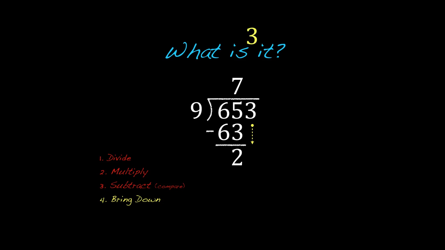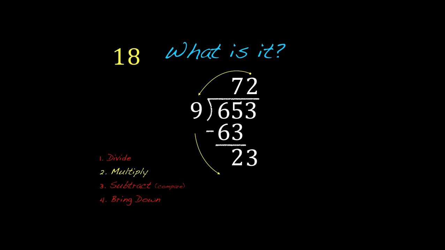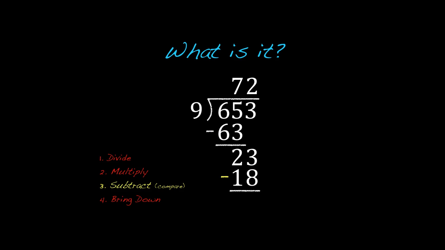Next is going to be to bring down that 3. And then we're going to ask, how many times does 9 fit inside 23? That, of course, would be 2. We'll multiply down. 2 times 9 is going to give us 18. And then we're going to subtract, do a little bit of regrouping here, borrow from that 2, make it a 1, bring over 10, and we have 13 minus 8, which is going to give us 5.